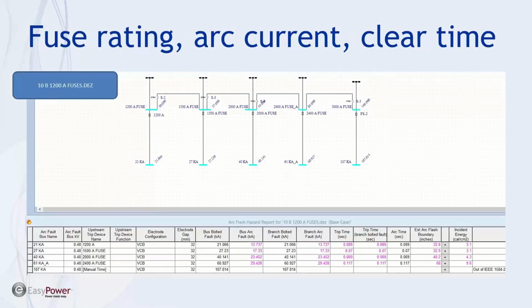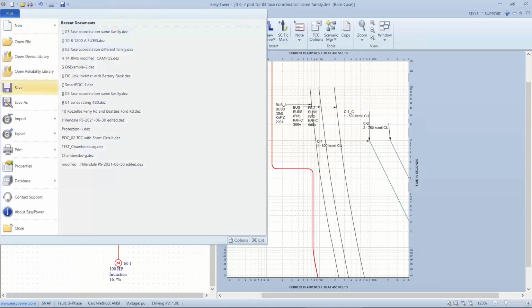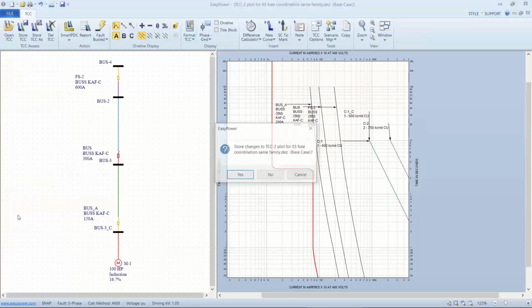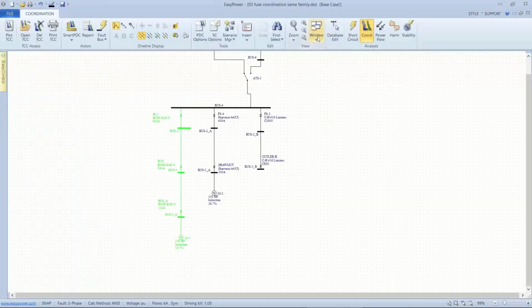So let's look specifically at a series of buses that are protected by different fuses above 1200 amps and talk about it real briefly. So let me get rid of my fuse protection.